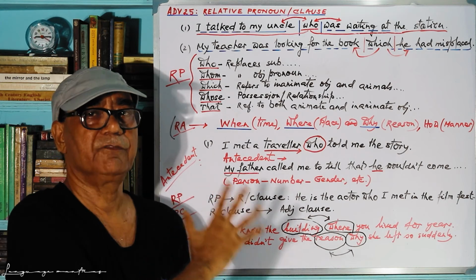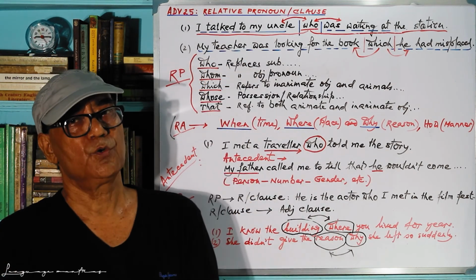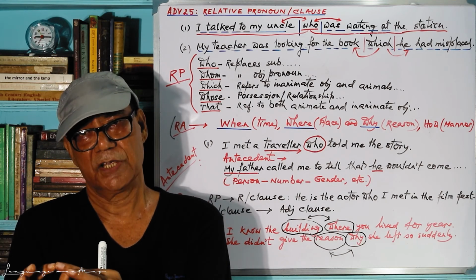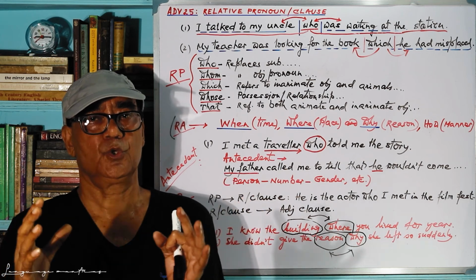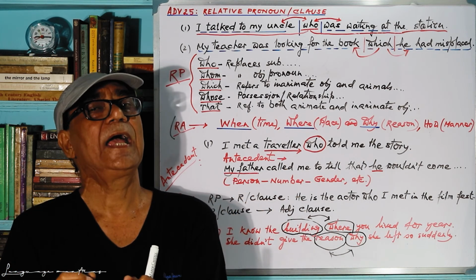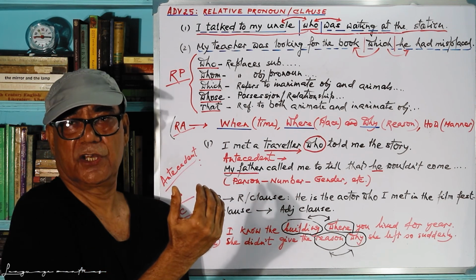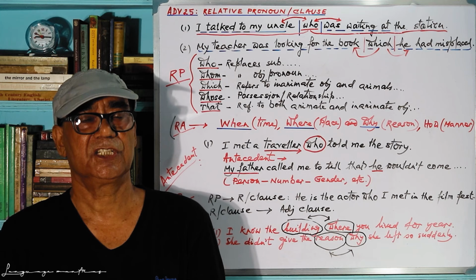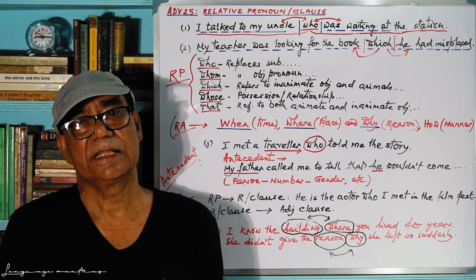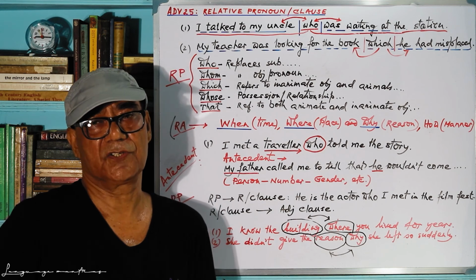This is not a very difficult thing. Only remember these words and try to see how they function in a sentence. They have two functions. They join two clauses together, and the relative pronoun refers back to its antecedent for its existence, its validity, its identity. That is all that we have to understand.